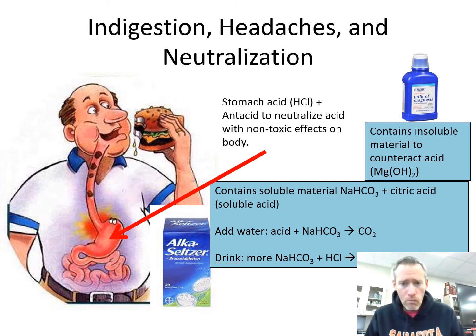So you basically are adding Alka-Seltzer to water. You make carbon dioxide and it helps release that indigestion, and the bicarbonate or baking soda helps release CO2 again, and that's why you burp when you have that reaction.